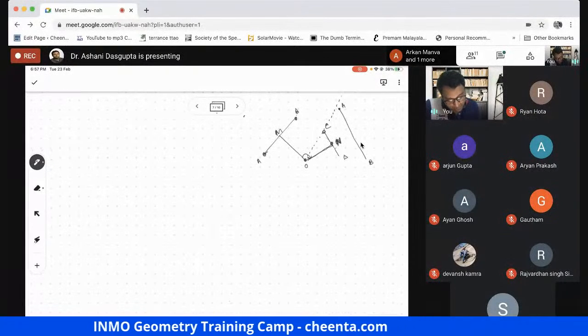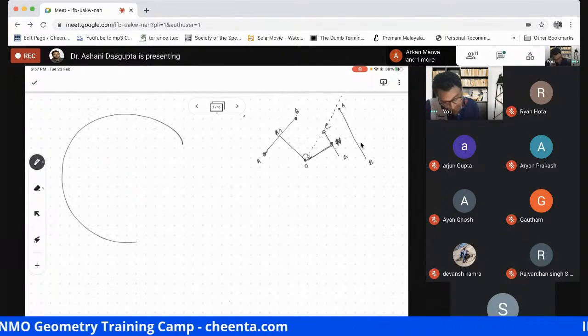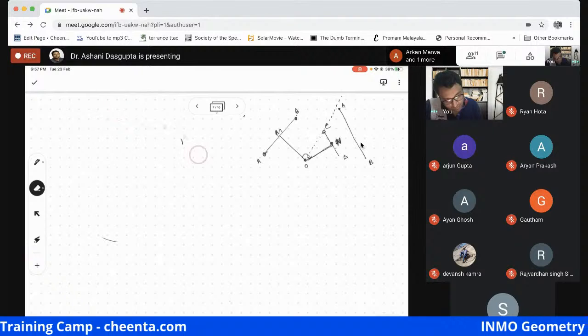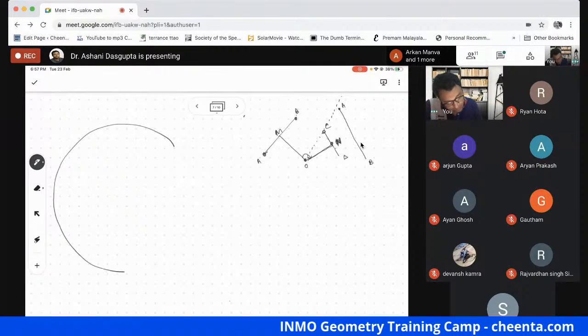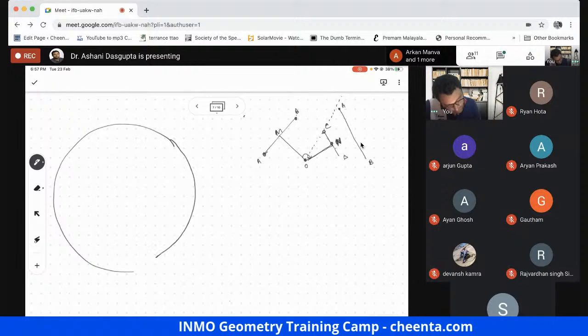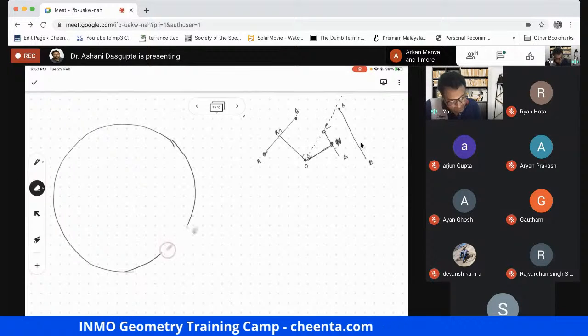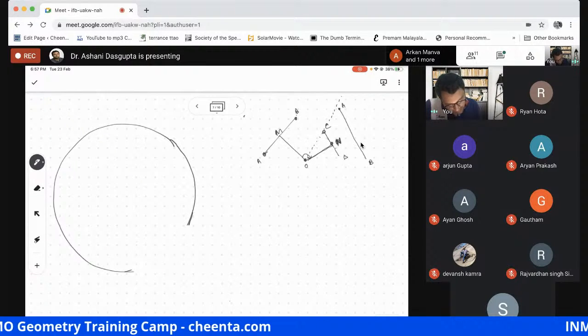So we have this circle. Let's draw a cyclic quadrilateral ABCD.